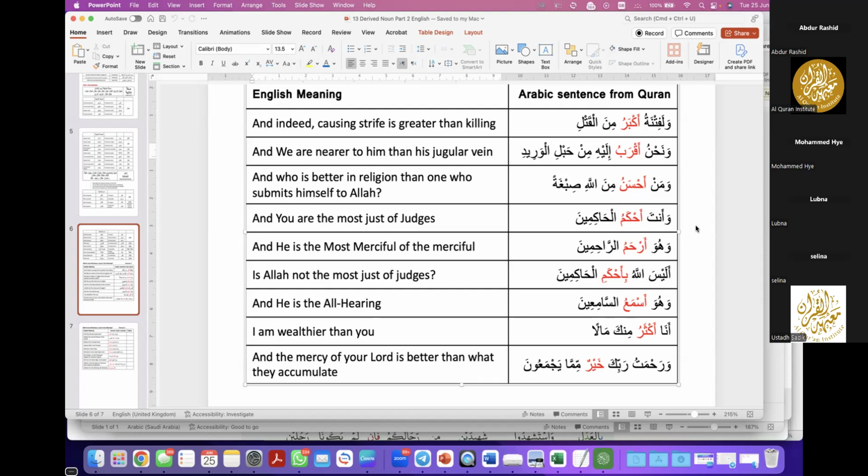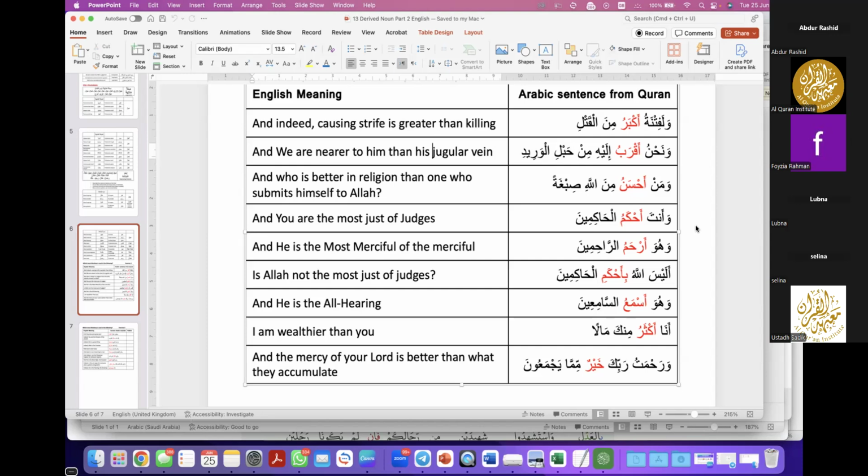So, Sister Shuma, can you speak? Okay, we'll go to Sister Fauzia. Aisha, are you in a position to answer? Yes. Ahkamu is ism tafdil, Ustad. Ahkamu is af'alu pattern. Okay, good. It is superlative. Why do you say superlative?